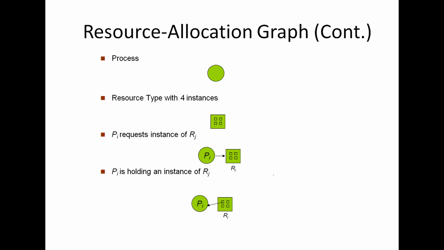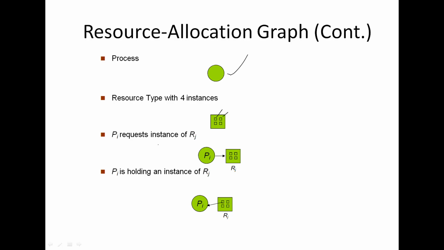And this is the explanation. Assume that here we have one process, and this is a resource type with 4 instances. So we have a square here, and inside the square we have 4 resource instances: 1, 2, 3 and 4.